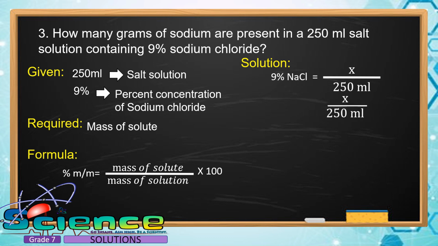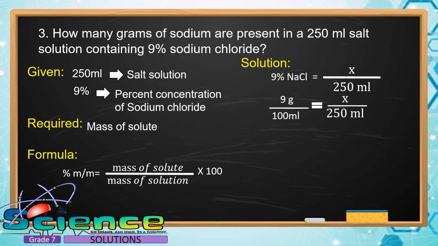So we will copy X over 250 ml, and we will write the 9% sodium chloride by mass of sodium chloride solution, meaning there is 9 grams per 100 ml of solution.